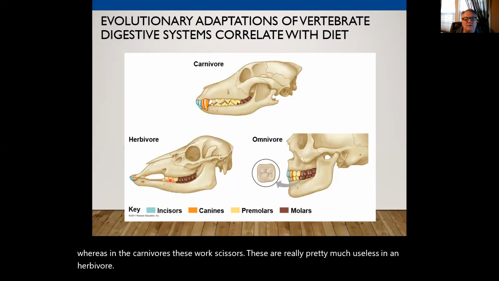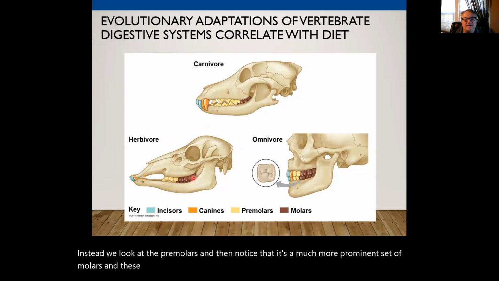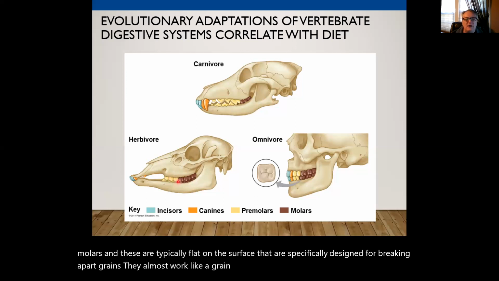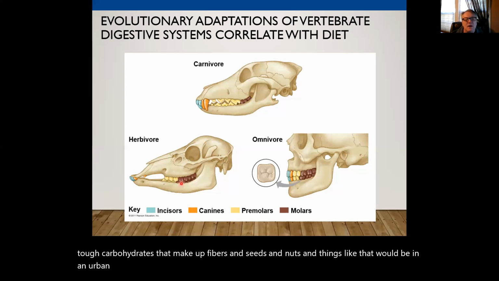Instead, we look at the premolars and notice that there is a much more prominent set of molars. These are typically flat on the surface and specifically designed for breaking apart grains. They almost work like a grain mill, where they grind some of these very, very tough carbohydrates that make up fibers and seeds and nuts and things like that that would be in an herbivorous diet.